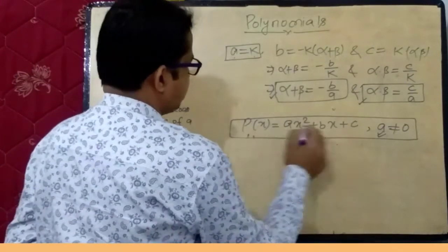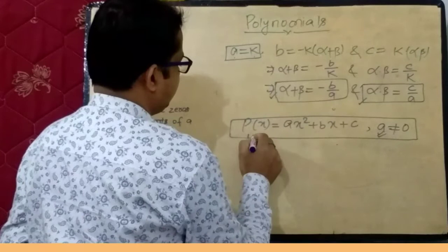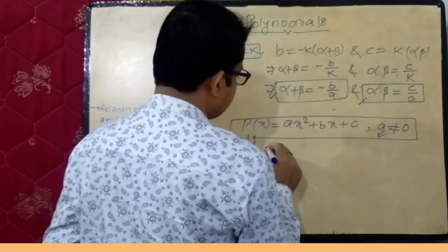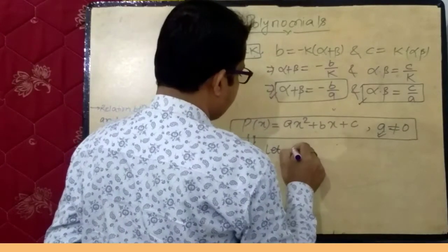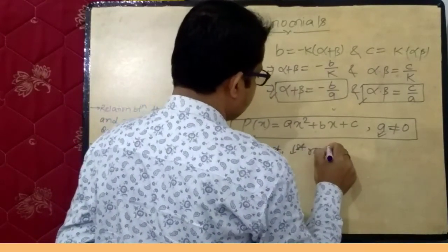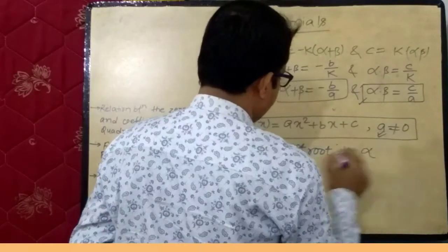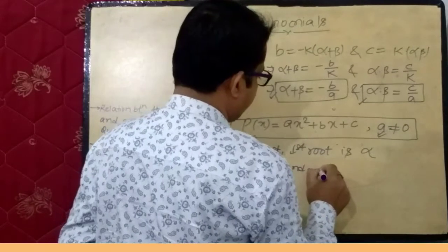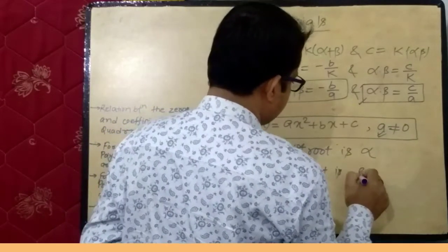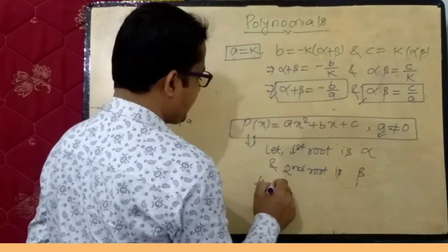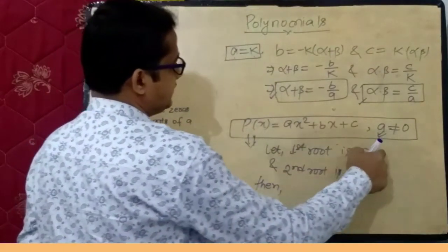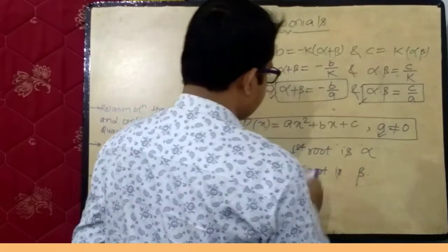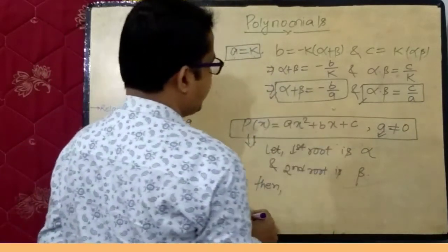If p of x is a quadratic polynomial, then there are two roots of this polynomial. Suppose the first root is alpha and the second root is beta, then what is the relation between these coefficients a, b, c and its roots? That is alpha plus beta equals minus b by a.